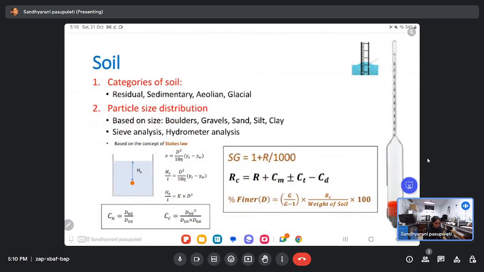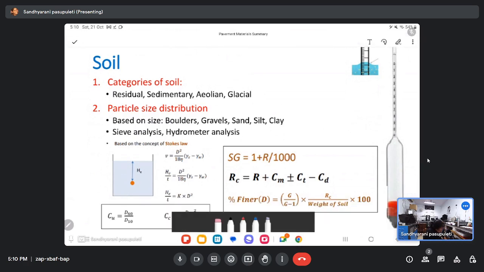Soil. In the soil module, we have mainly discussed the categories of soil. The categories of soil mainly depend upon the way the soil has been formed. We know that soil has been formed due to the disintegration of rocks.